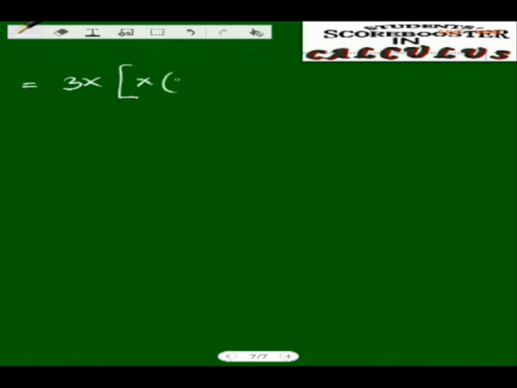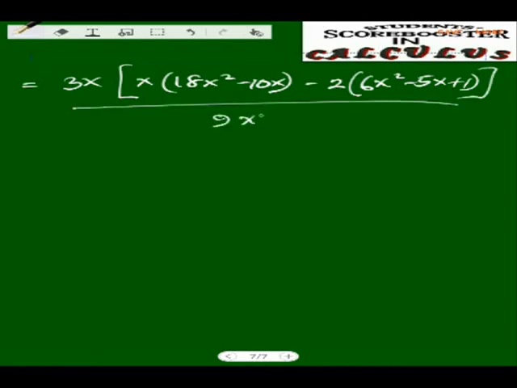I will have x into 18x squared minus 10x minus 2 into 6x squared minus 5x plus 1 over 9x raised to the power 4. So 3 here, 3 here, x here, x here. Then let me open this bracket now.